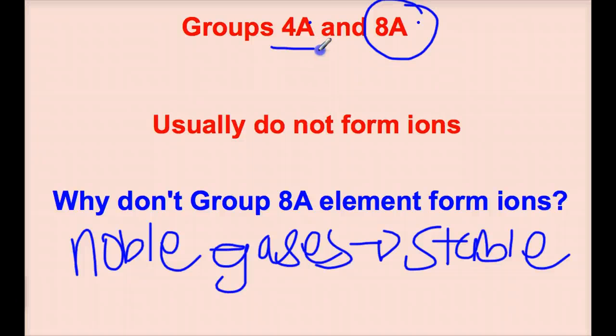Group 4A, on the other hand, is slightly different. They're halfway filled. So sometimes they can't decide, should I give them away or should I take 4? So we're not going to touch group 4A or 8A ions for this matter.